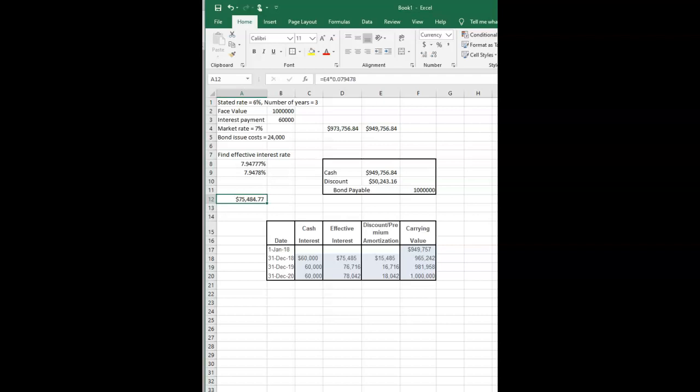All right, so that ends up giving me my effective interest right here. And then I'm going to compute this as 60 minus that. And in the next one, I'm going to have to do something similar. So that's how we're going to have to do it, and we're going to have to officially type in that number. That's the main point here.